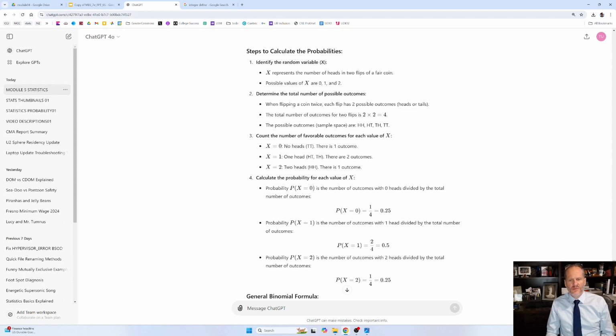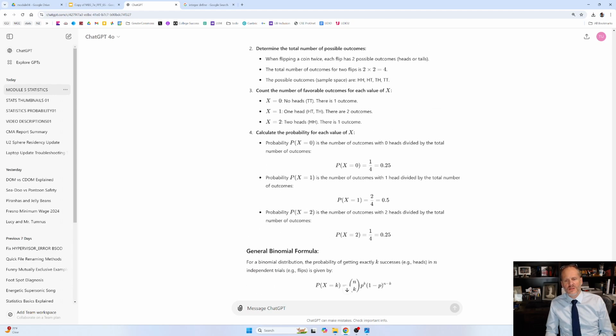So 2 out of 4, the possibility of getting that is 0.5. And then 2 heads, the possibility of getting that is 1 out of 4 with all of our possible outcomes. So those are all the possible outcomes for 2 tosses. Yeah, I guess that makes sense.